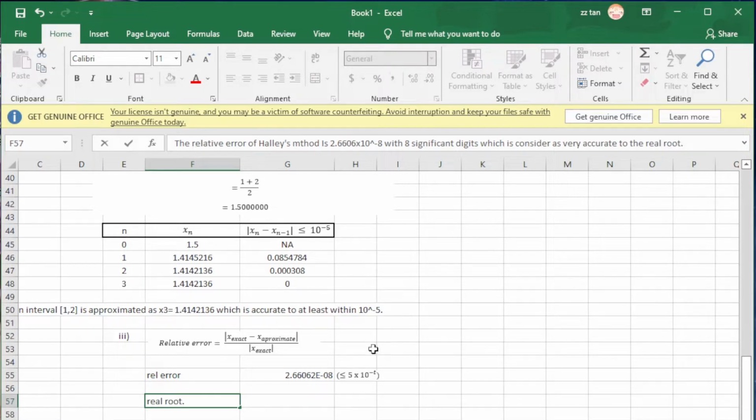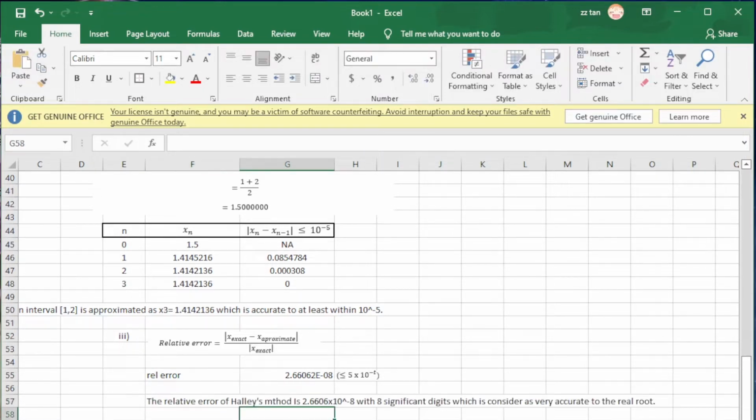Okay, so actually we get 8 significant digits. This means that the smaller the relative error, the higher the accuracy to the actual value.